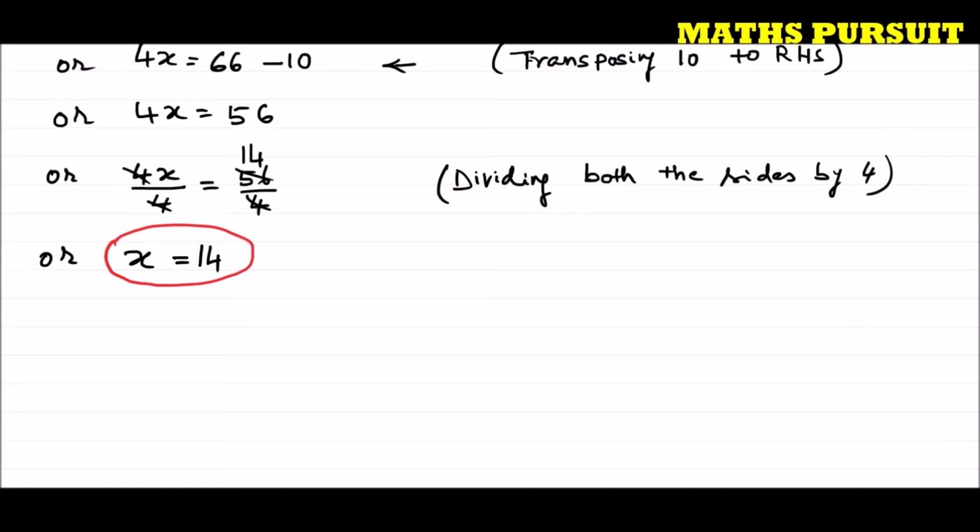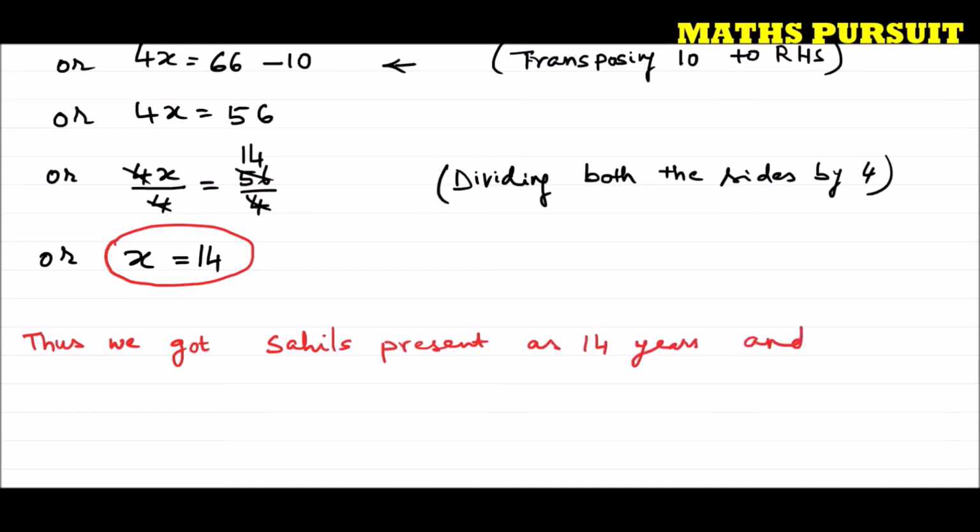We can say: thus we got to know that Sahil's present age is 14 years and mother's present age is 42 years. Hope guys you understood this. This is very simple and very straightforward. We just need to frame the equation.